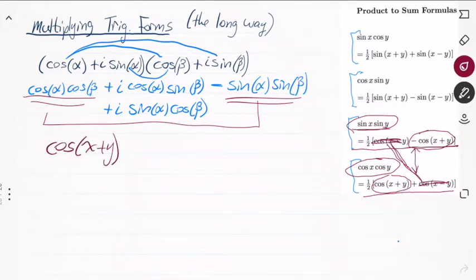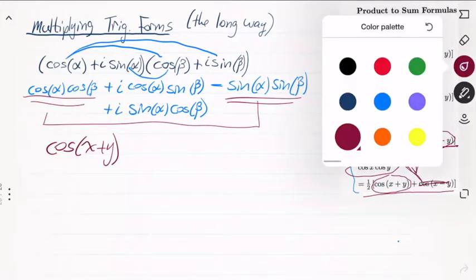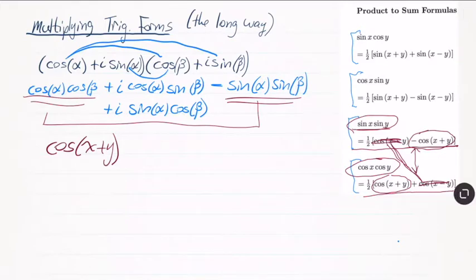All right, change colors. Let's go with orange. Now the i terms, these two guys, and the reason I stacked them is because they go together anyways, are going to relate to the other two formulas. So cosine alpha, sine beta is this guy, and sine alpha, cosine beta is this guy.